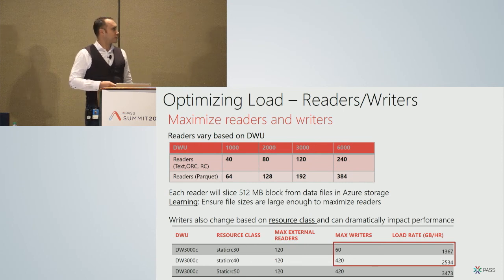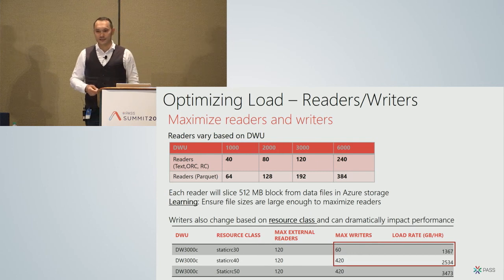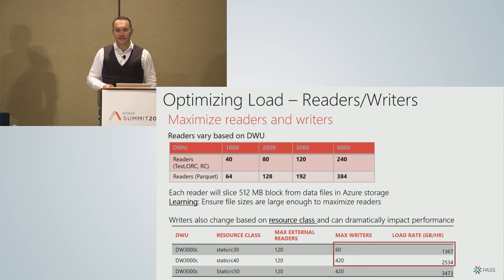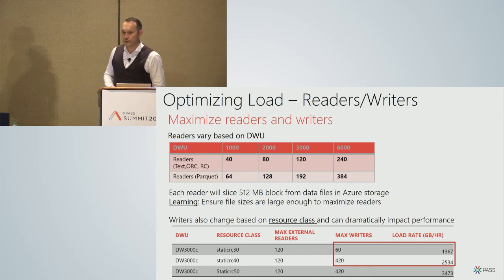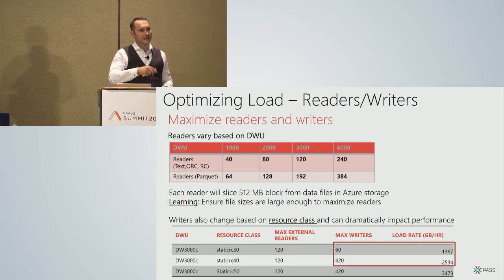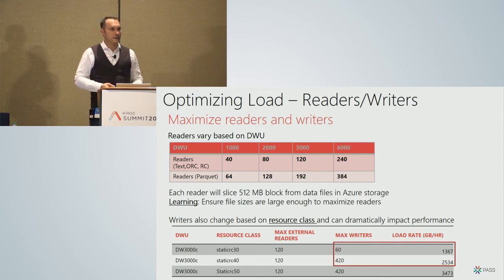Like you see here on the table, if talking about static resource classes, we see significant improvement moving from 30 to 40. From 30 to 40, you nearly double your throughput. But then moving to 50 and higher, it doesn't give you that jump. So if you ask yourself what resource class to start with, the rule of thumb is to look at 40.